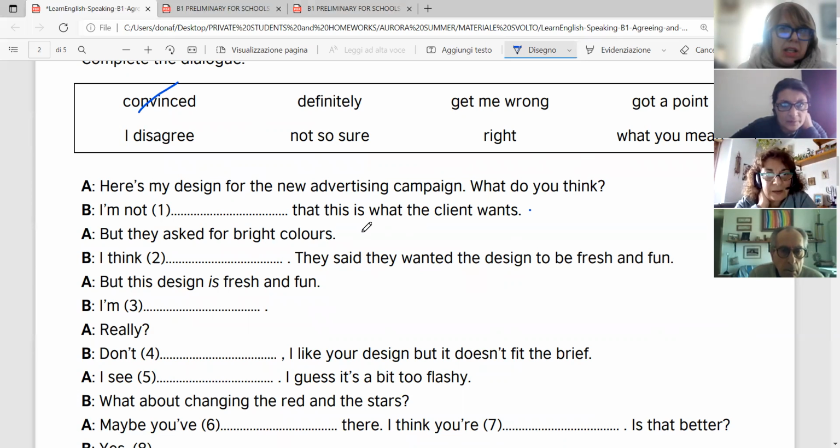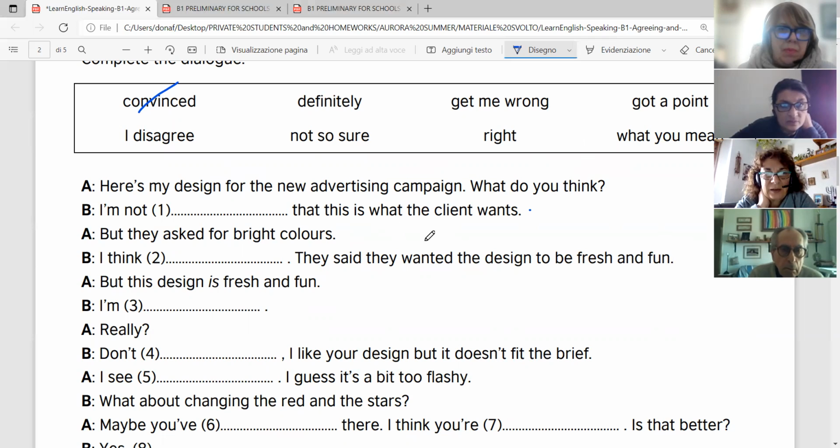I think they said that they wanted the design to be fresh and fun. I think there's a point here. Yes. All right.